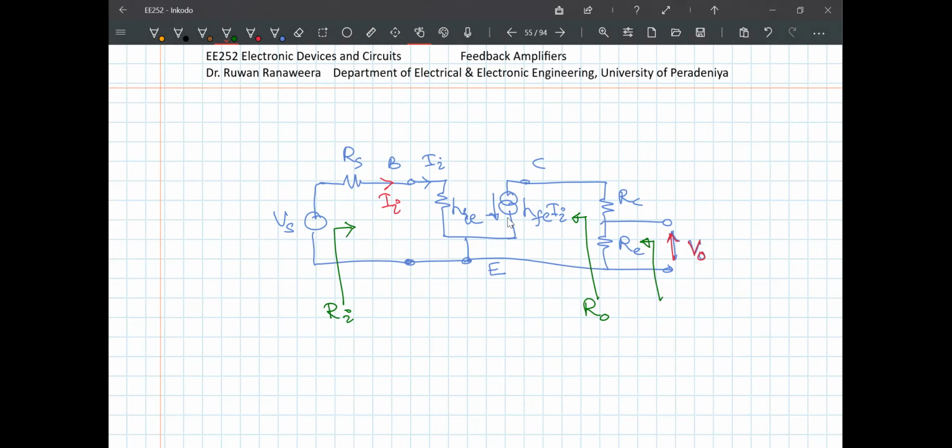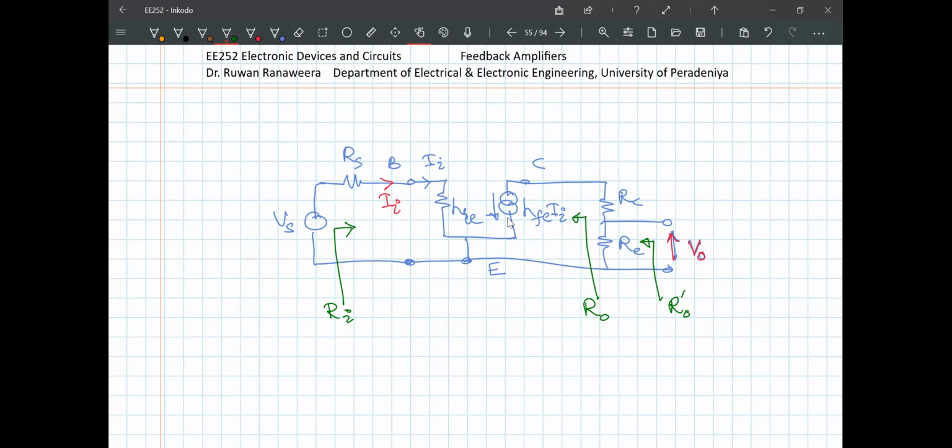But if RE is considered as a separate outside load, then RE is not there, and you have to look at it from there. So let me call this RO dash. This is assuming RE is contained in the circuit, not an external resistor.